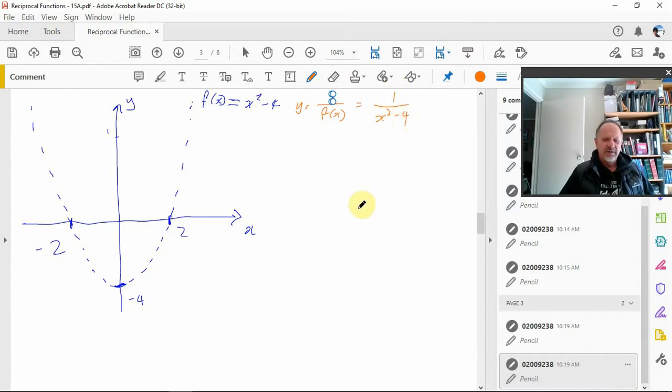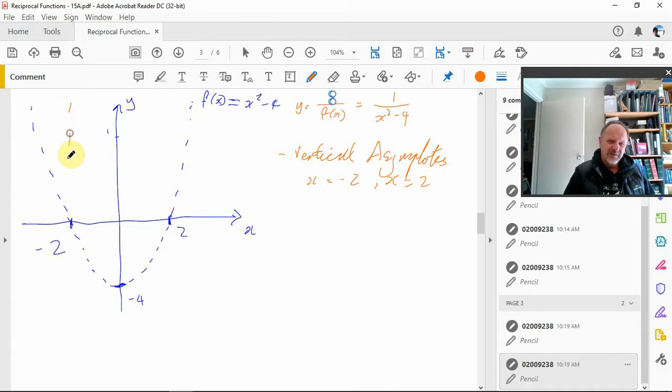All right, so as we've mentioned before, when f(x) is equal to 0, which occurs here and here, at 2 and negative 2, then the bottom here is going to be 0, it's going to be undefined. So we have some vertical asymptotes: x equals minus 2, and x equals 2.